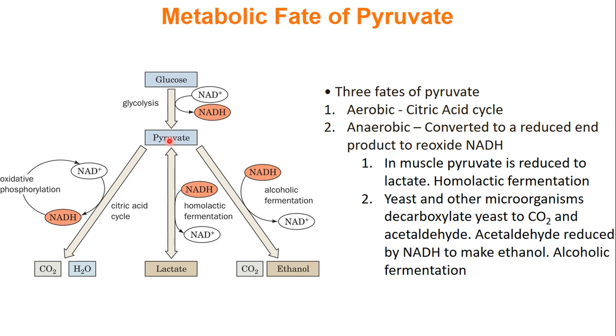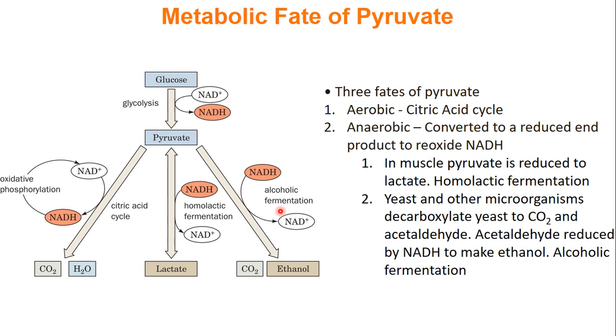One is to take pyruvate and convert it into lactate. This is called homolactic fermentation. During this process, you take your NADH and convert it back into NAD+, so that it can be used back in glycolysis, so you can continue glycolysis. The other path is done in yeast and other microorganisms.